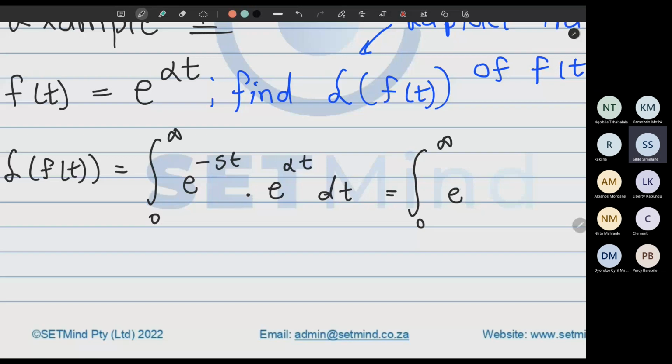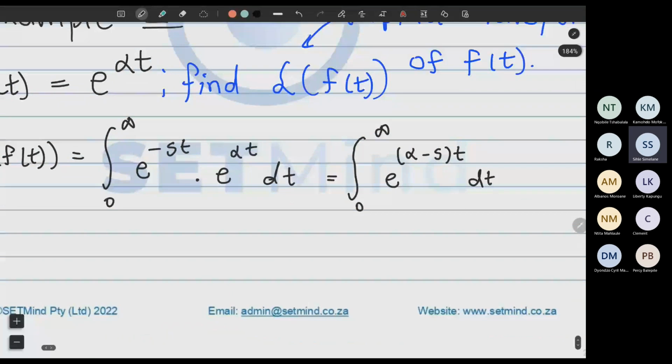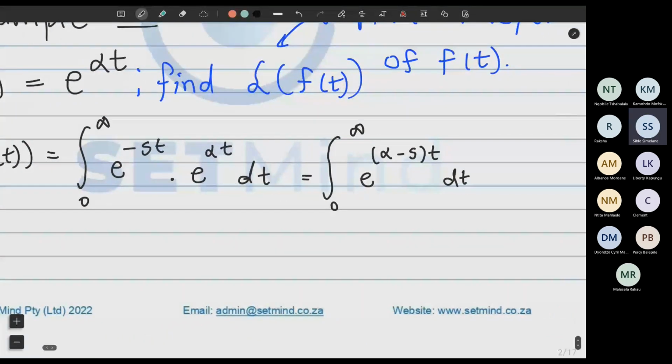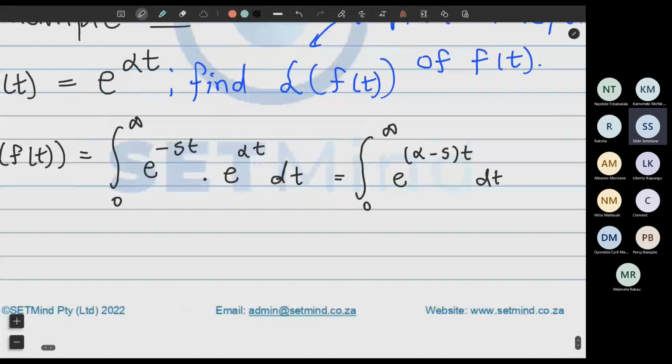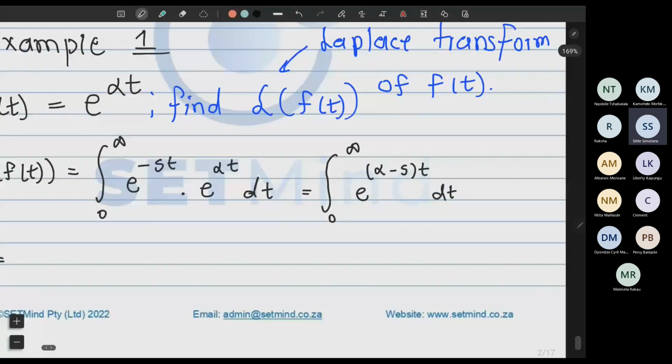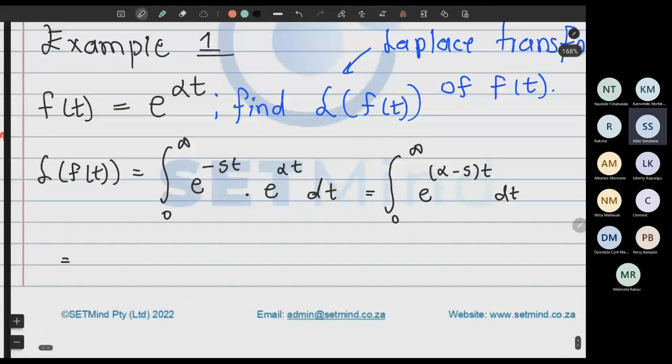So that means we have e to the power of alpha minus s, and then the t is outside, and then we have dt. Okay, so now we need to integrate that part. Someone, can they please give me the answer? What is the integral of e to the power of something times t?